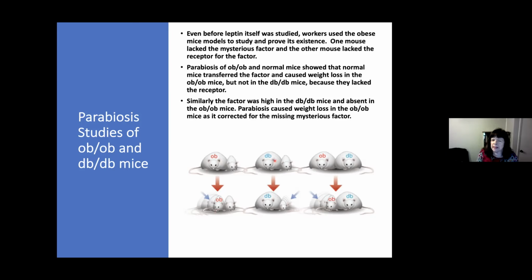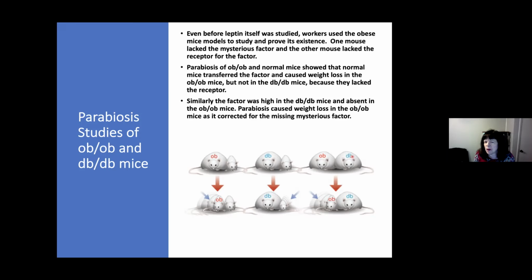Now, the DB is out of luck for two reasons. Both mice are out of luck. First, while this mouse has plenty of leptin, the DB mouse doesn't have a leptin receptor, so it cannot respond. And sadly, the DB mouse has lots and lots of leptin, which goes to this mouse and causes this mouse to undergo starvation. So this is not a very pleasant parabiosis experiment.